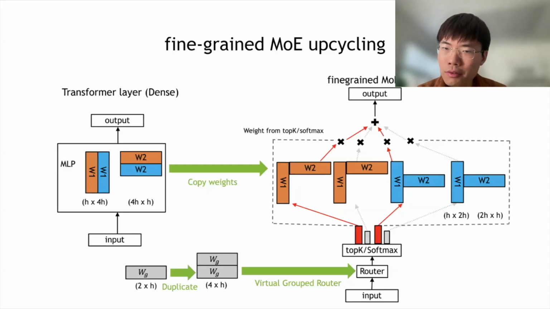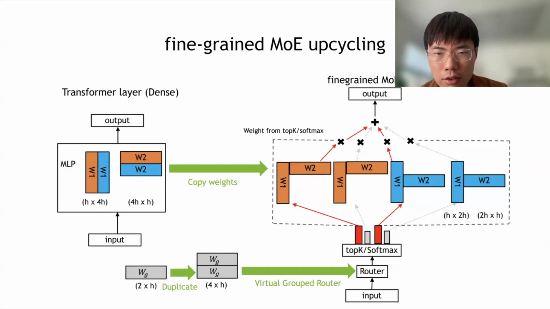Here we introduce a very simple approach to tackle this challenge. Instead of hard grouping, we introduce a virtual grouping. Instead of randomly initializing router weights, we initialize half of the router weights, then duplicate them. So the router weights are duplicated, and no matter what the input hidden tokens are, you always produce the same probability among these two groups in the first iteration.